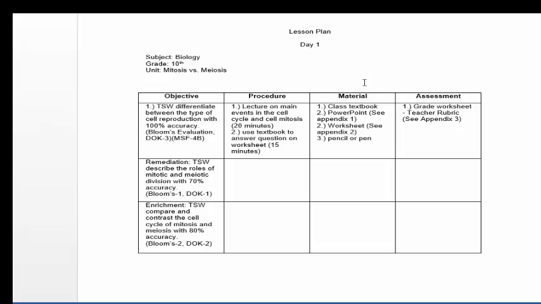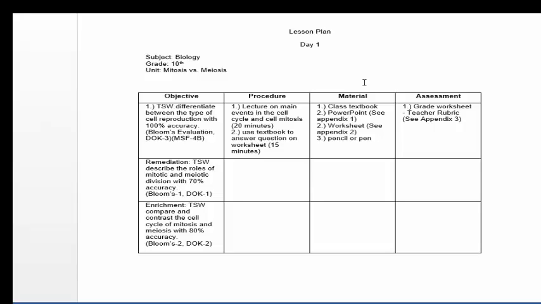Enrichment, the student will compare and contrast the cell cycle of mitosis and meiosis with 80% accuracy. Once again, we have the need for a minimum of 80% accuracy, and you'll see we have Bloom's 2 DOK2, which shows once again a lack of understanding of Bloom's, and also there is no connection with Mississippi State Framework. They connected the Mississippi State Framework with Objective 1.